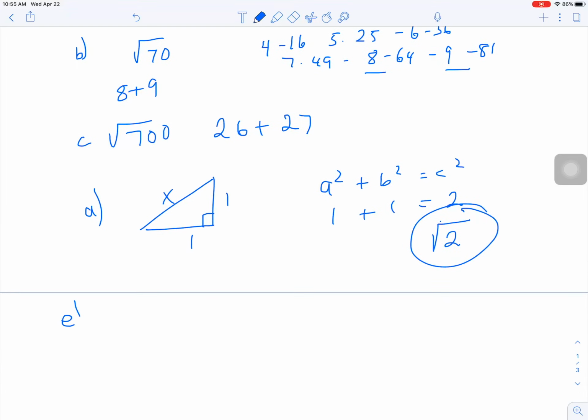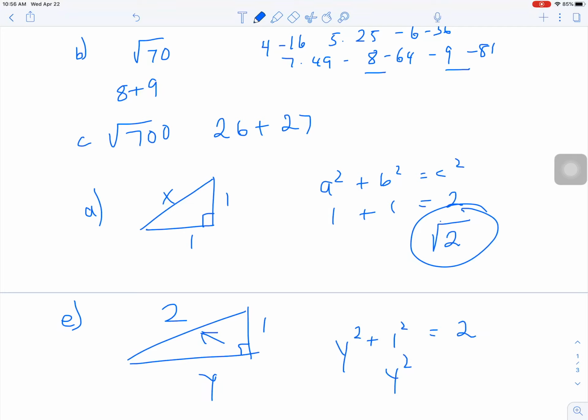Moving on, we look at E. And E has 2, y. We have our right angle there. So we know that this is our hypotenuse. So we're going to have y squared plus 1 squared equals 2 squared. So y squared plus 1 equals 4. My bad, I'll erase that nicely.